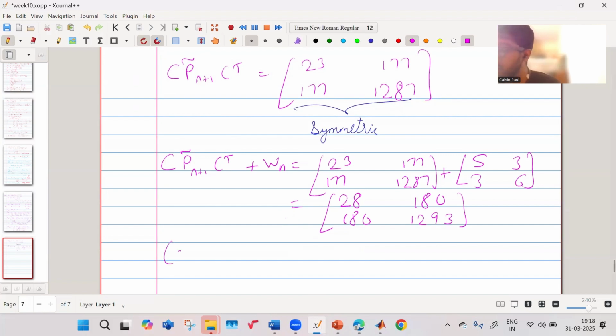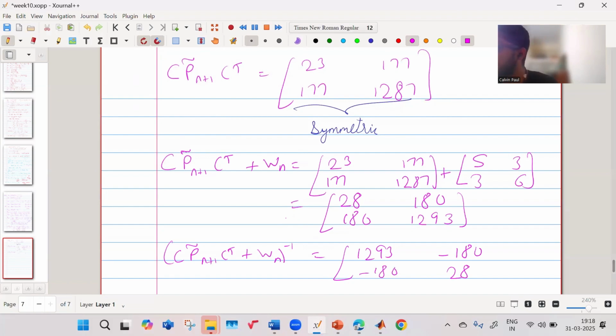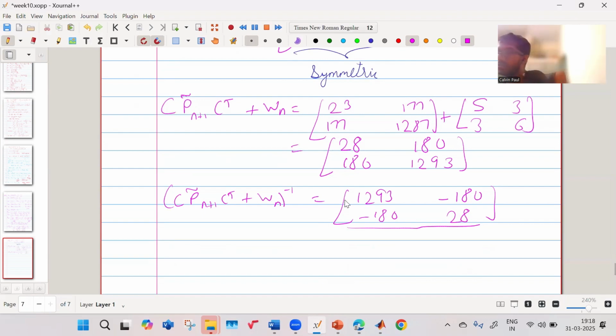For a 2 cross 2 matrix, we interchange the diagonal elements, so this becomes [1293 -180; -180 28], divided by the determinant, 1293 into 28 minus 180 squared, which equals 3804.